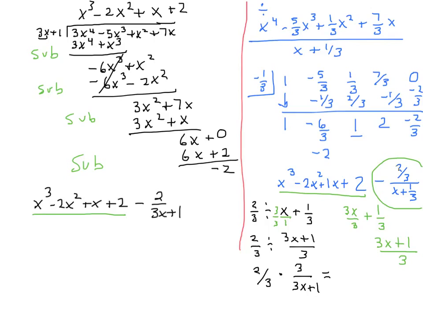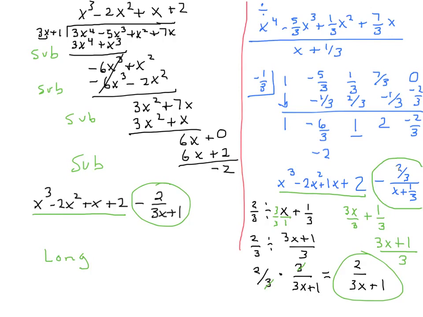When I multiply that, I cross-cancel my 3's, and that leaves me with 2 over 3x plus 1. And that does indeed match my last term there. So again, I really honestly do not care whether you use long division or synthetic division on problems like this. That's really up to you.